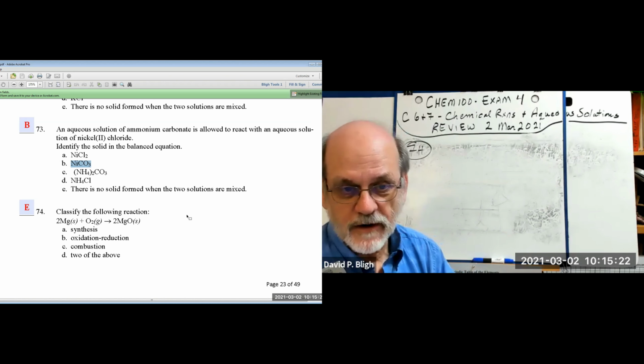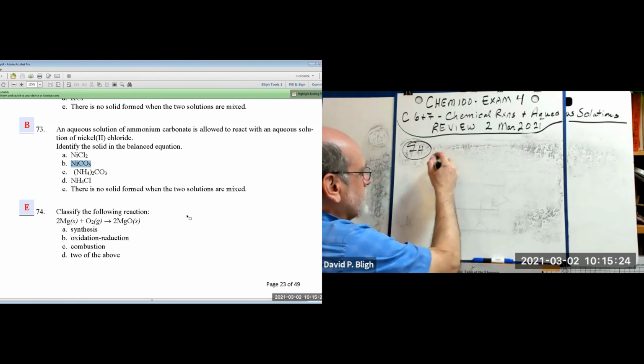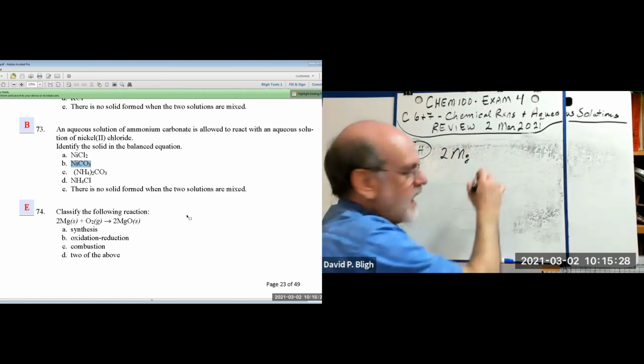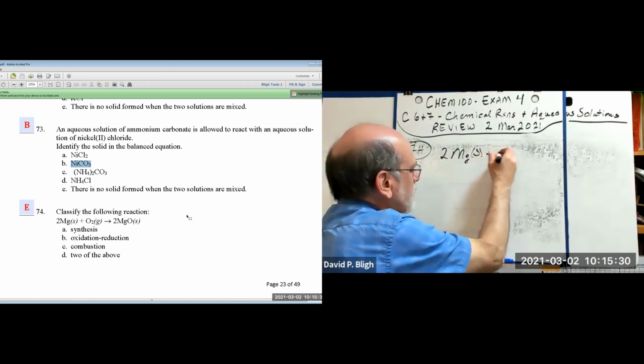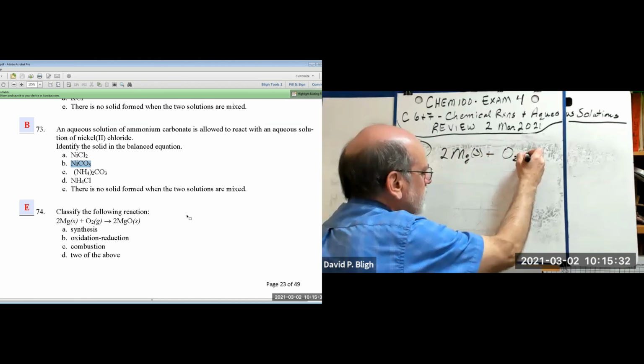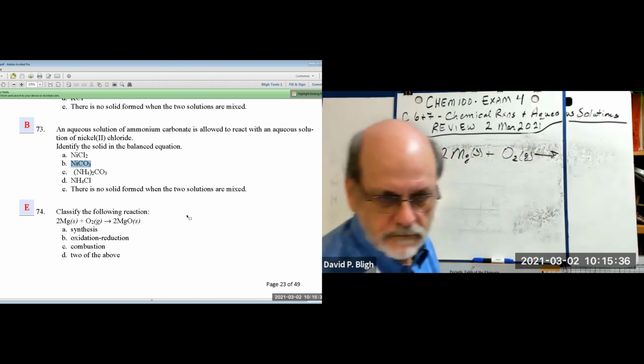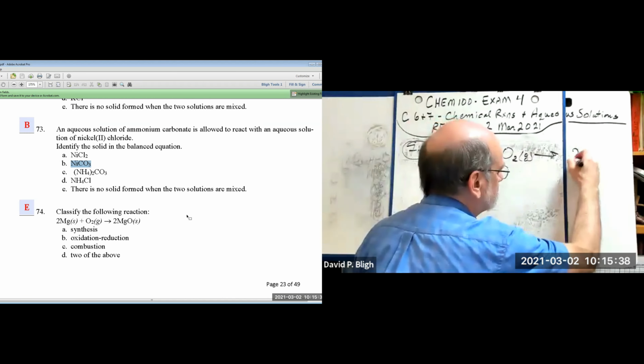So in this case, we have 2 magnesium, solid, plus oxygen, gas, yields what? Another solid.